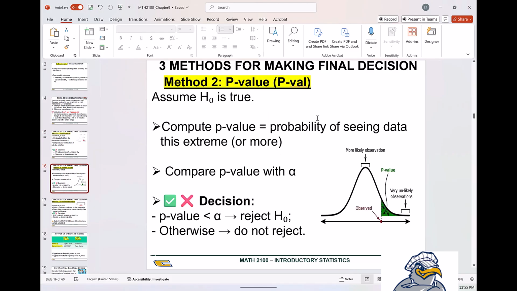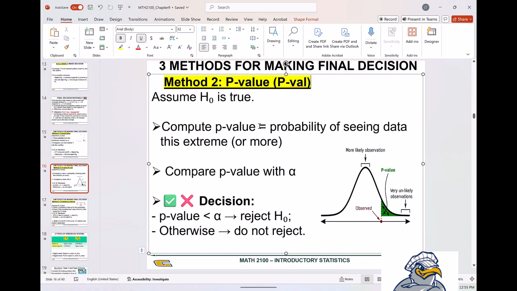The second method we call the p-value method, which is used a lot in practice, and people love it because it has a certain value inside which the other methods cannot offer. Here, we also assume that H naught is true, and we calculate something called the p-value, which is the probability of seeing data this extreme or more.